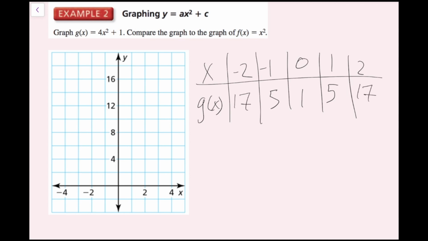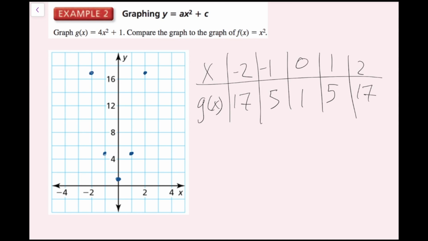So now I'm going to graph this. I'm going to use blue. So I have 0, 1, which is my vertex. Then I have 1, 5, which is right here. Then I have 2, 17, which is right about there. Then I'm going to do the symmetrical points right here and then right here.